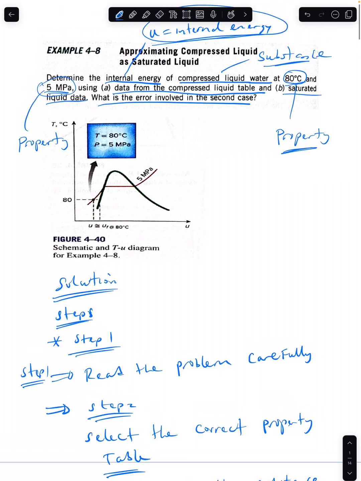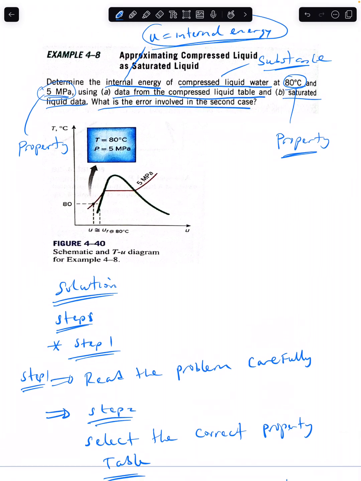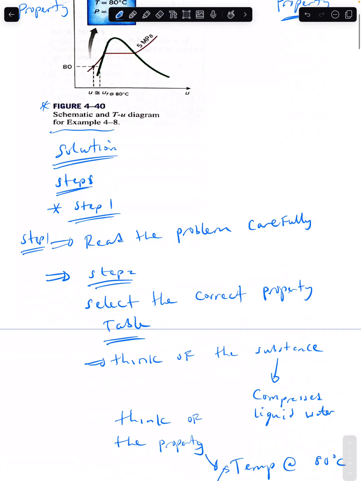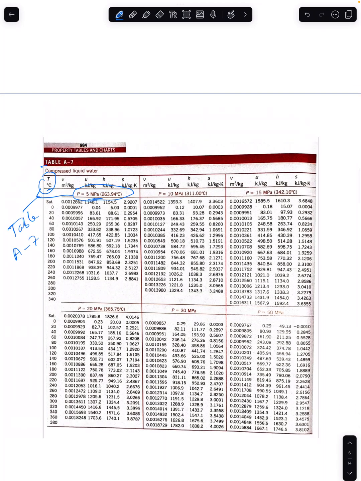Now we have to use data from the compressed liquid table. This is a figure, and this is a table.